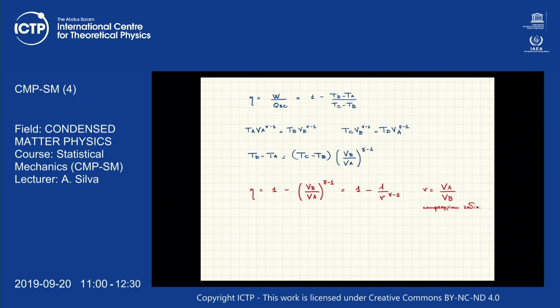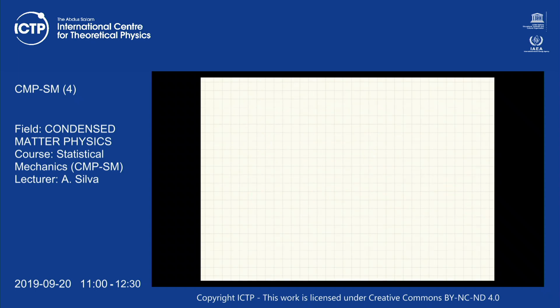Now, what is the compression? So can we use this to estimate the efficiency of my car, my 3-cylinder car? So let's say that we take a compression ratio equal to 8.